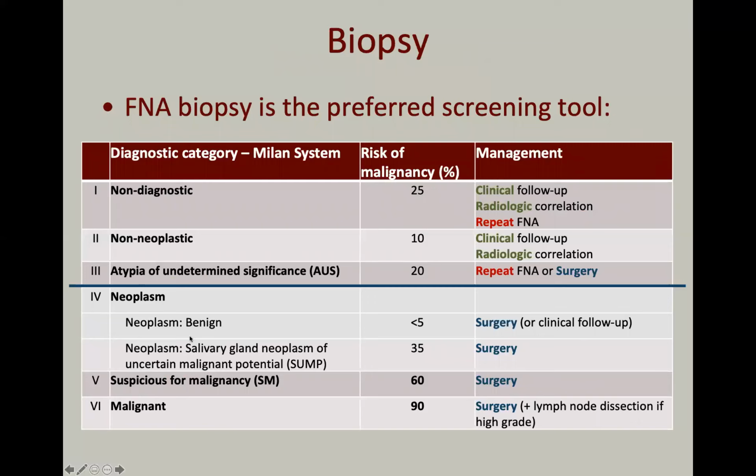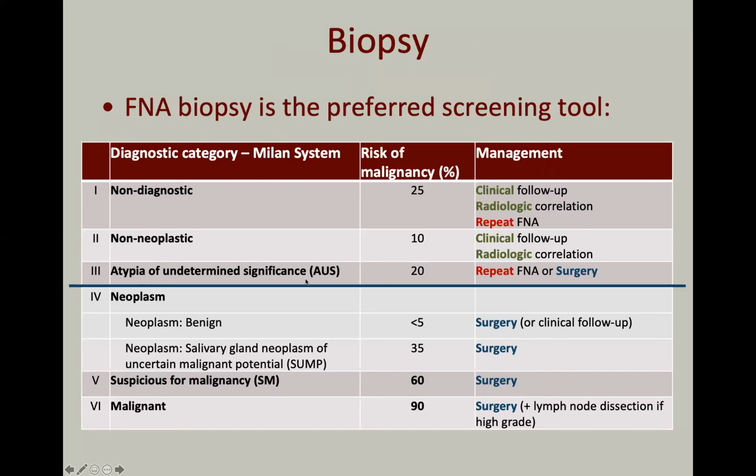So just like the thyroid has the Bethesda system, salivary gland now has the Milan system, which is lumped into essentially non-diagnostic, so must repeat, non-neoplastic, like sialadenitis, can be followed up.